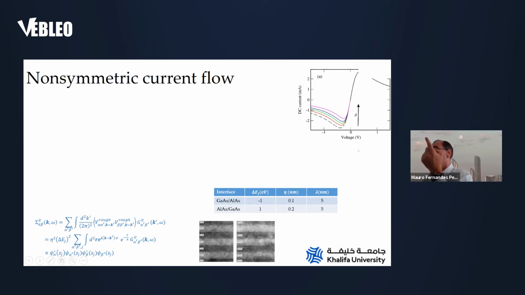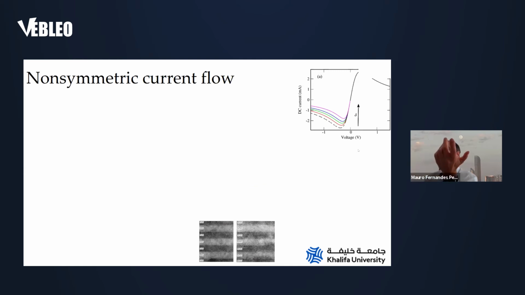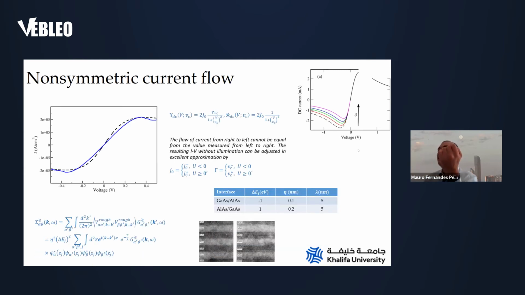So everybody expected that superlattices could only generate odd harmonics because of a completely antisymmetric curve, but actually even harmonics are also measured. And you see here in this curve, measured current in experiments.